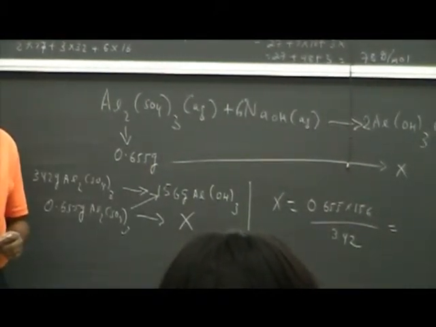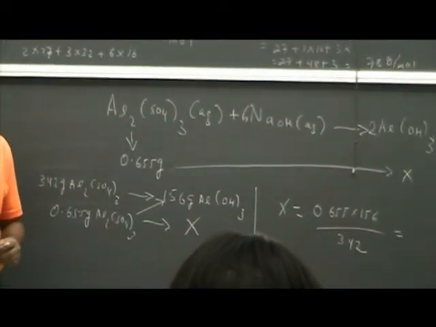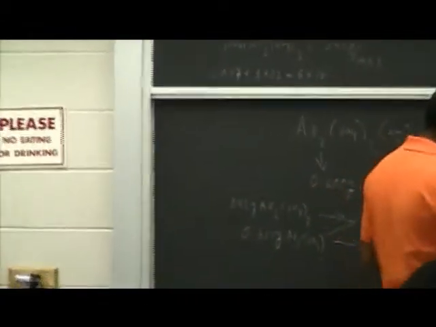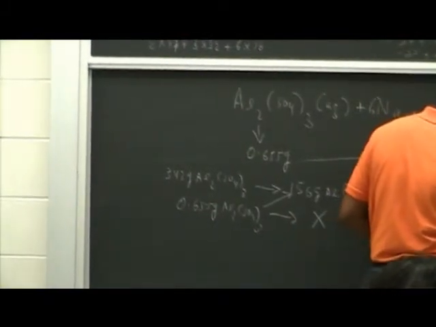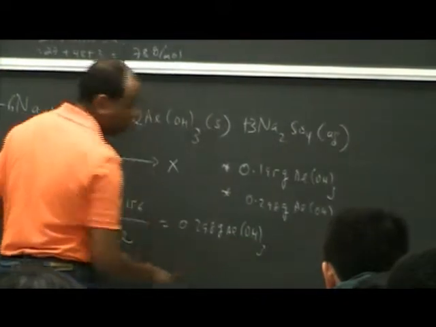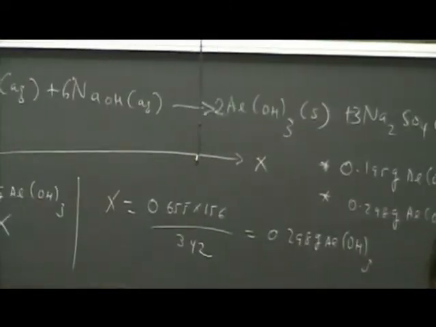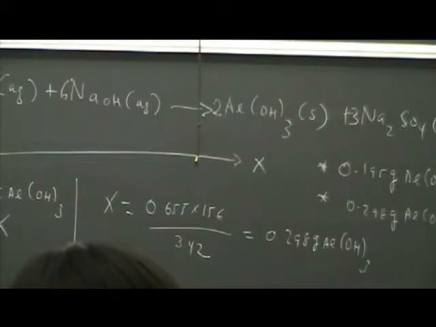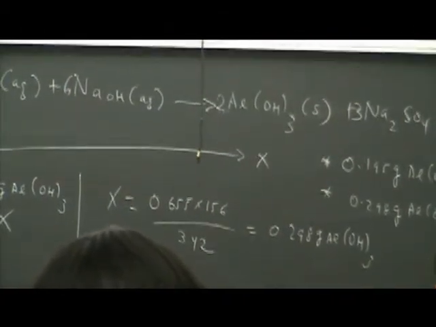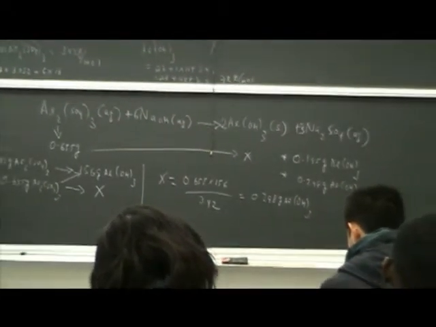So you get 0.298, or 0.299, something like that, grams of aluminum hydroxide. That's how we solve the problem. So the idea is how we set up the equation, how we change the chemistry problem into a mathematical problem. That is the key part here in stoichiometry.